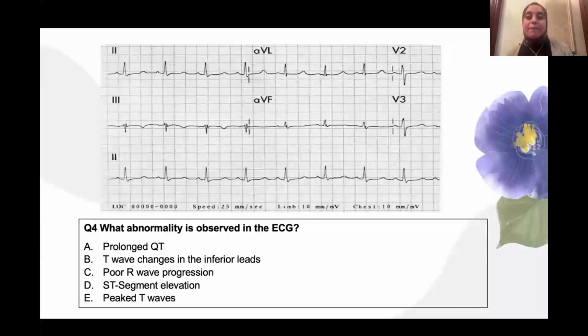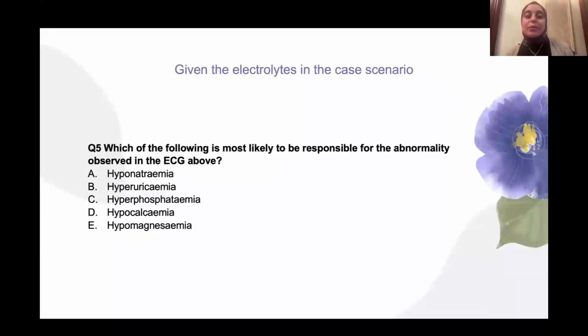The correct answer would be prolonged QT interval. And accordingly, what electrolyte disturbance leads to this abnormality in the ECG? This prolonged QT interval is due to hyponatremia, hyperuricemia, hyperphosphatemia, hypocalcemia, or hypomagnesemia.